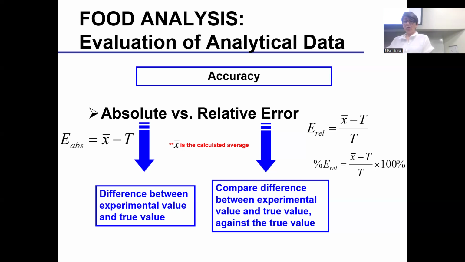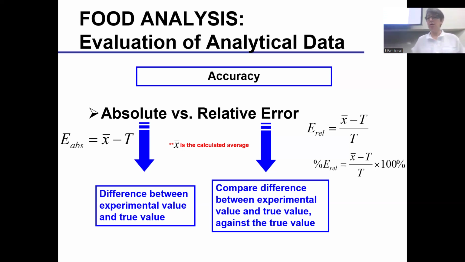So you can get the true value from somewhere. Once you know your true value, you do your experiments and you have your replicates, you calculate your mean, then the difference between your mean and the true value is your absolute error. So if you are very, very accurate, the difference can be 0. That's rare. Okay. And then you can calculate relative error.